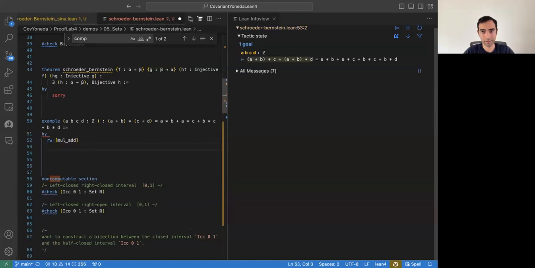So now my goal got a little bit simpler, and maybe now I ask apply. Because we are working in very basic stuff, there are more and more lemmas in the library that can be used, right? Because integers are such basic things that can be instances of many structures.